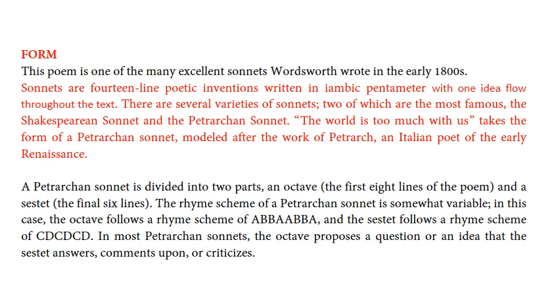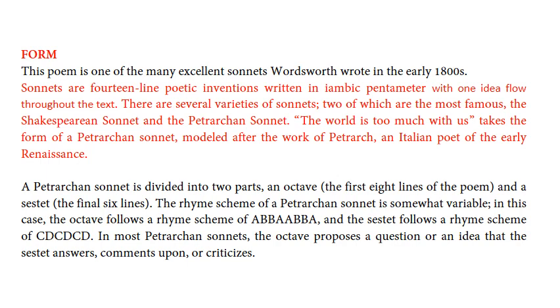The first 8 lines are the octave, and then it is followed by 6 lines, which constitute the sestet. The rhyme scheme of a Petrarchan sonnet is somewhat variable. It can vary from one poem to another, but all in all, it follows a rhyme scheme of ABBA, ABBA.